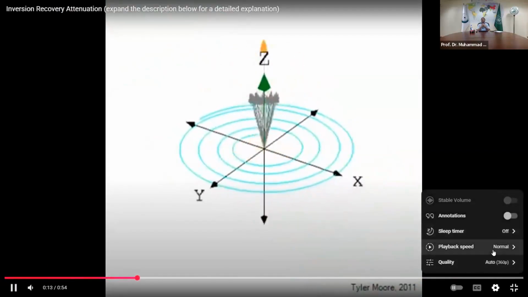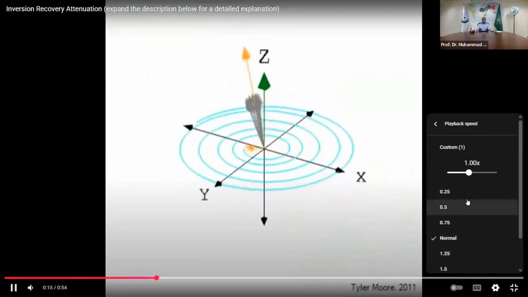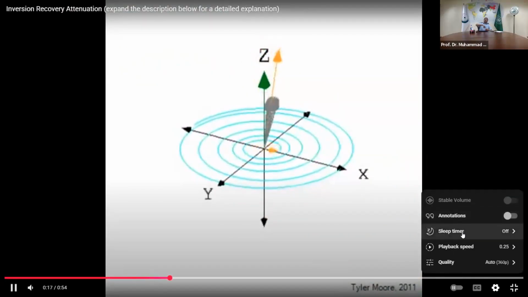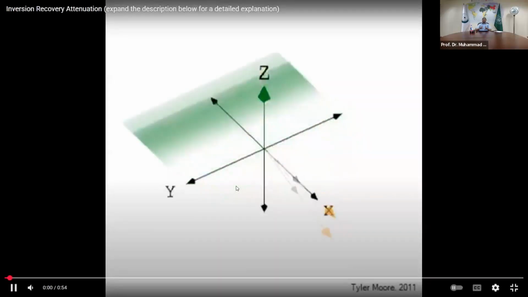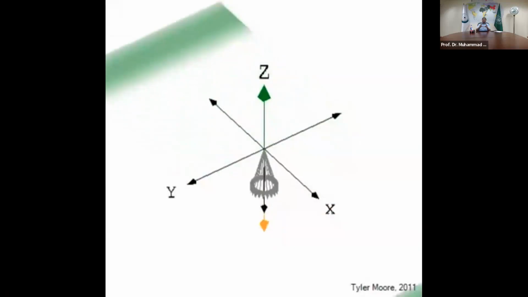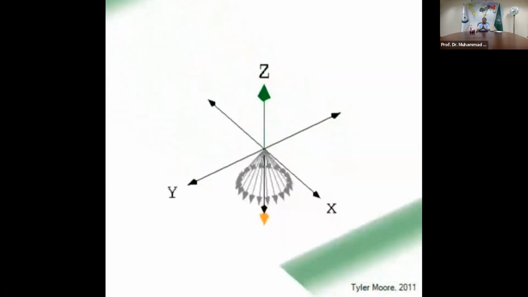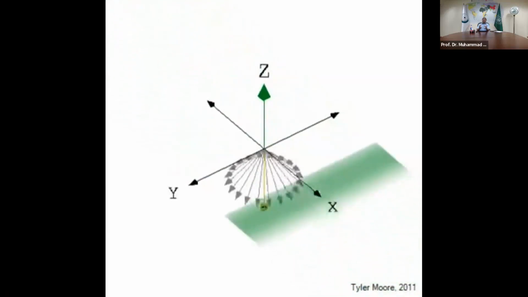When they are just in front of the detector, they appear as a positive signal. So from full negative signal to full positive signal, this is the relaxation process, and this relaxation process is measured by the inversion recovery method.